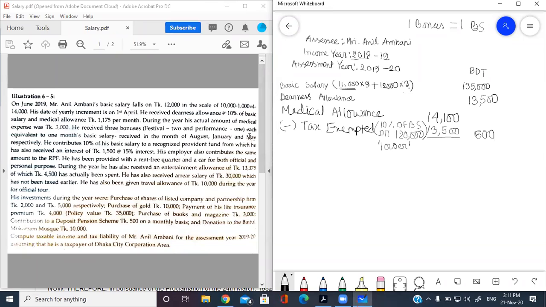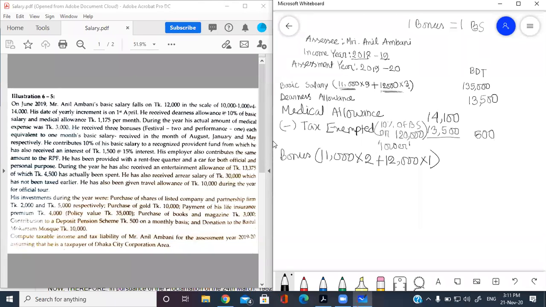But the bonus received in May has been after the increment date. So in that case, the bonus will be equivalent to the basic which was applicable after the increment date. So we need to write that the bonus will be equivalent to 11,000 twice, and one bonus will be equivalent to 12,000.